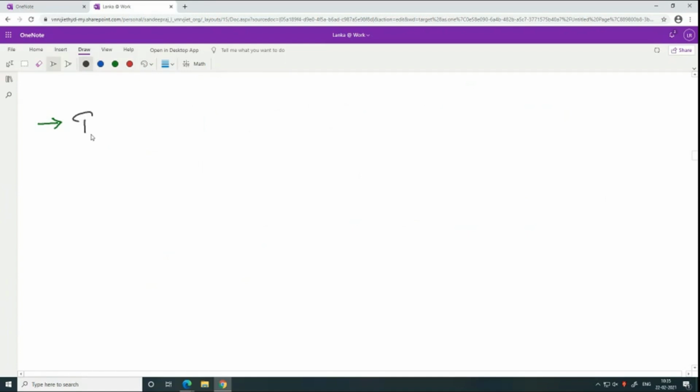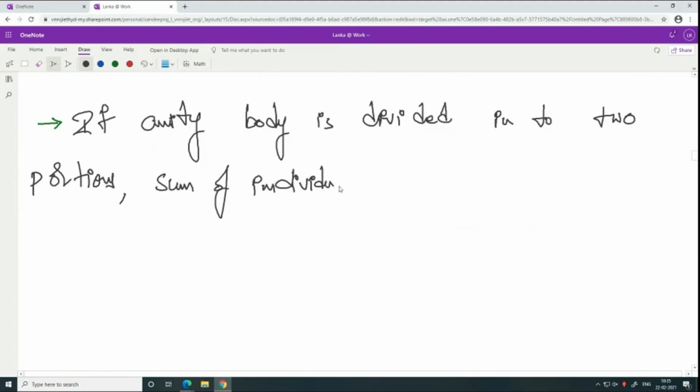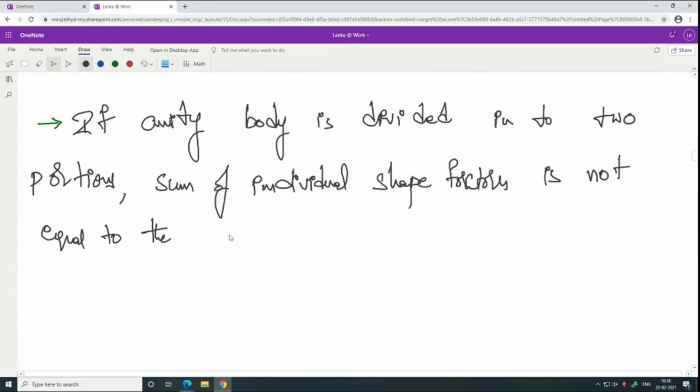If the emitting body is divided into two portions, the sum of individual shape factors is not equal to the total shape factor. Let me write this clearly.